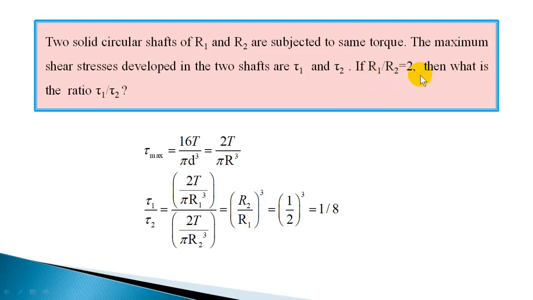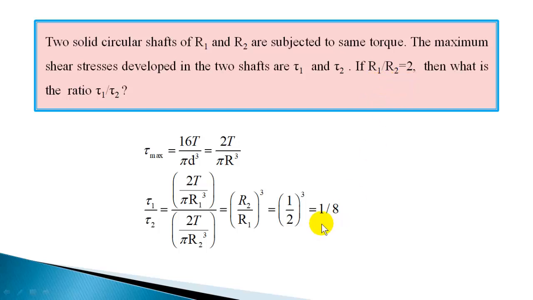R1 by R2 is given as 2, so R2 by R1 is 1 by 2. So 1 by 2 cube, or 1 by 8. So τ1 by τ2 will be 1 by 8 when R1 by R2 is equal to 2.